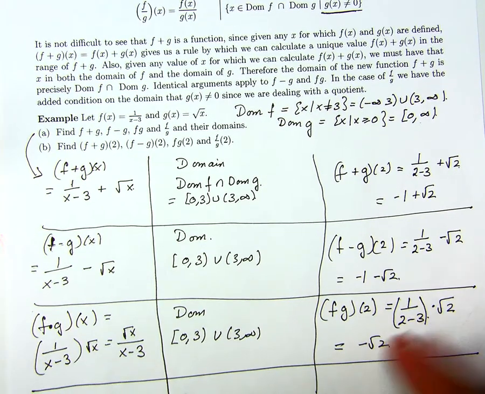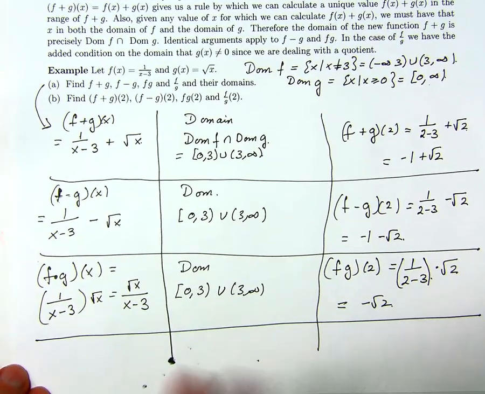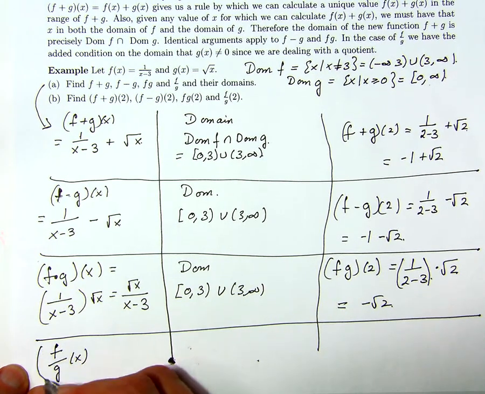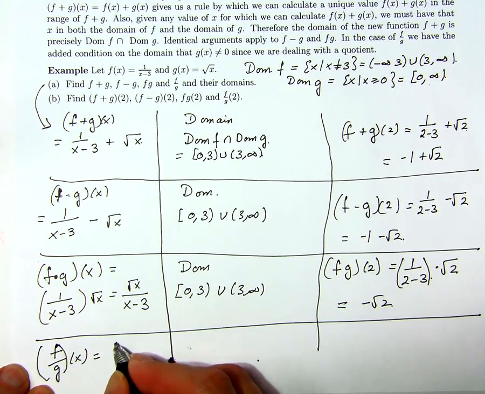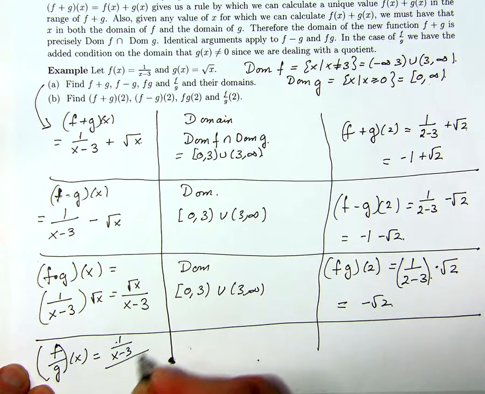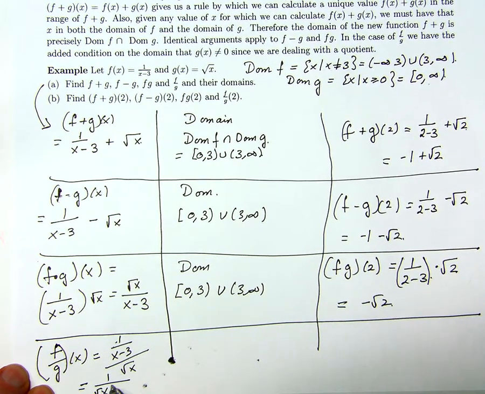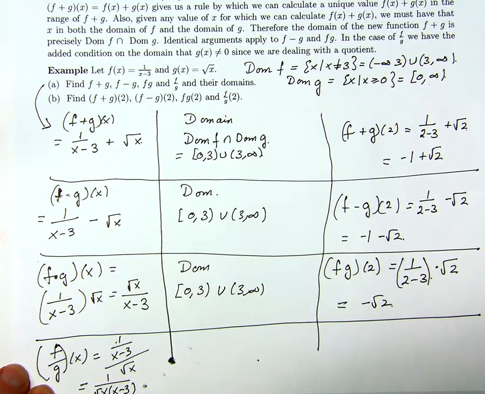And lastly, a slightly tricky one, f over g of x is again just f of x over g of x, so it's 1 over x minus 3 divided by the square root of x, and that's equal to 1 over the square root of x times x minus 3.